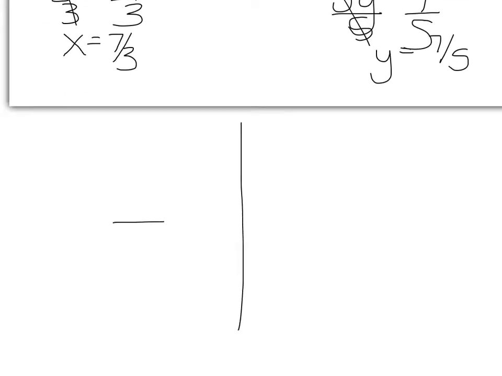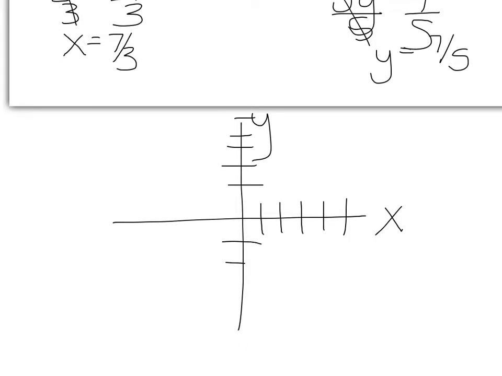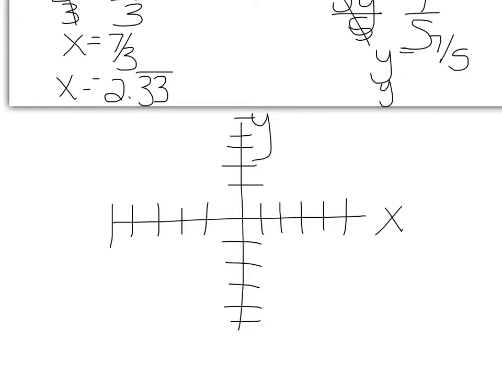So I've got x and y. Okay, so we got to figure out 7/3 and 7/5. So go ahead and punch that in your calculator, see what those decimals are. 7/3 is 2.3333, and 7/5 is 1.4.